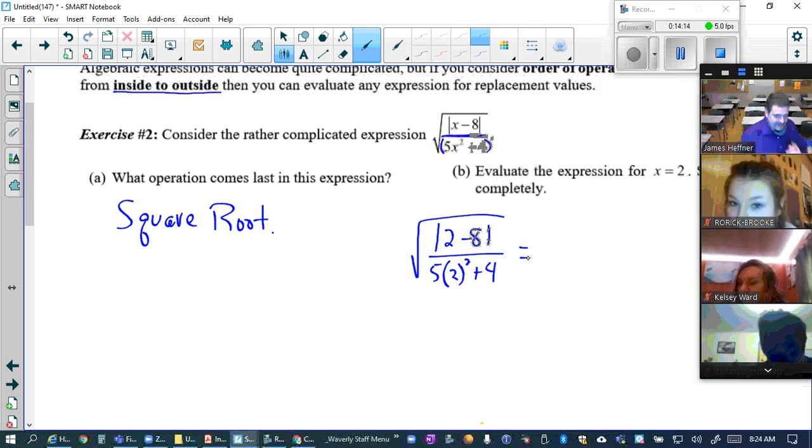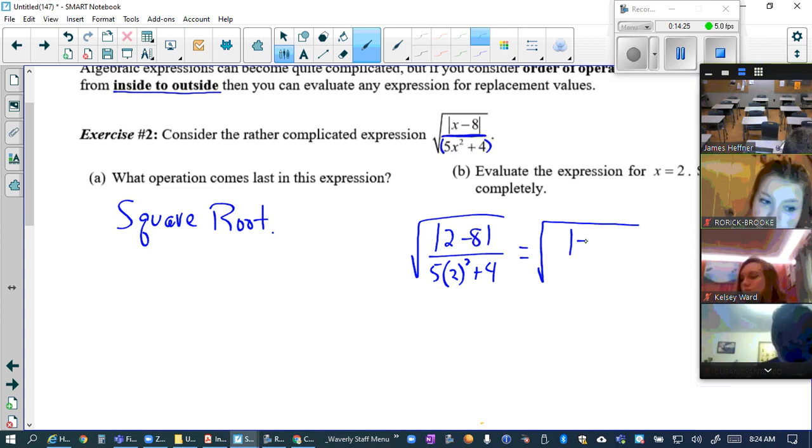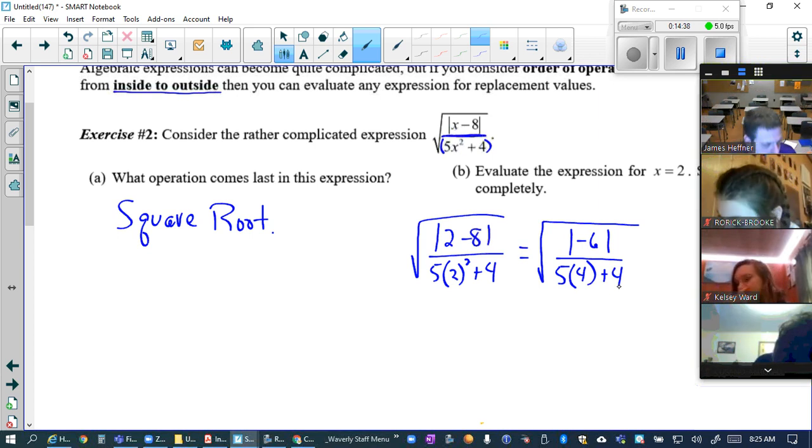What is 2 minus 8? -6. So we have the absolute value of -6 over 5 times 4, plus 4, okay? So we're doing order of operation, working from the inside out.